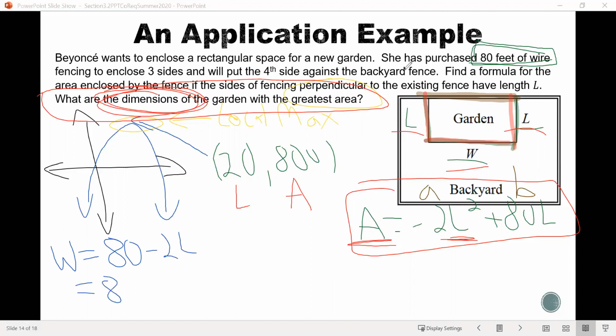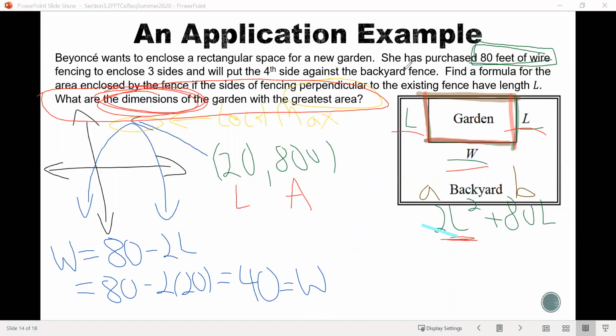So if we plug in our value for L, our maximum value, and work that out, we end up with 40 as our value for W. So based on that, the dimensions that maximize the area for our garden would be 20 feet by 40 feet.